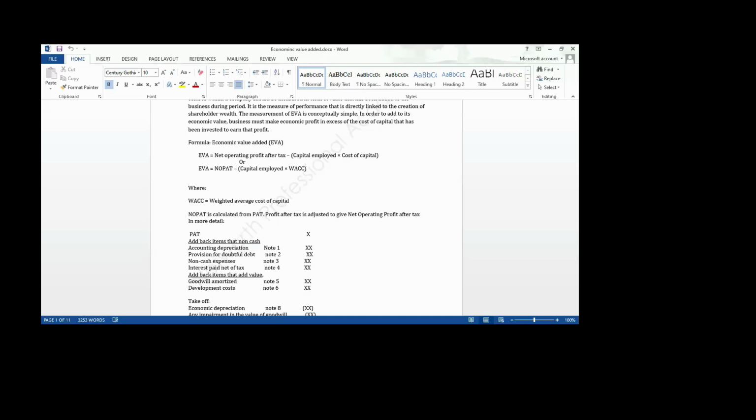There are two types of expenses: revenue expense and capital expense. Any expenses incurred and the benefit is enjoyed within a year, such are regarded as revenue expense.